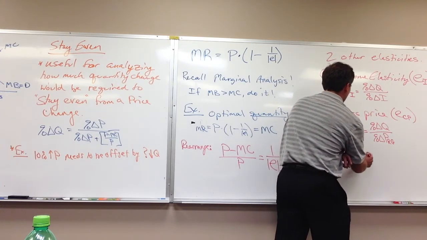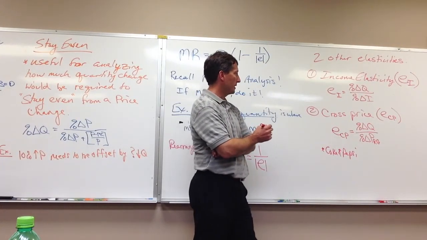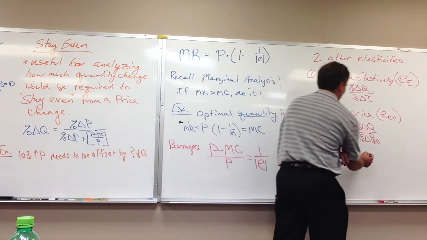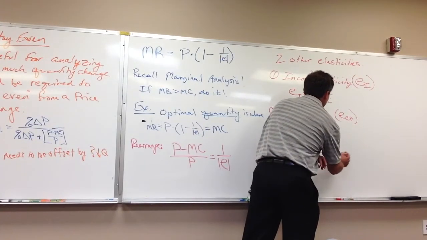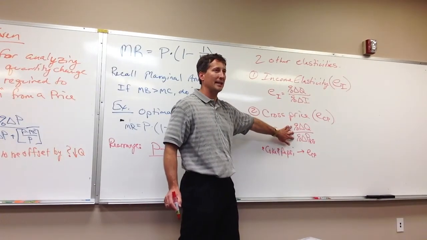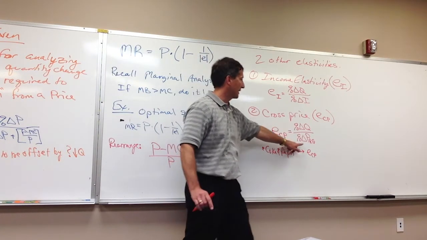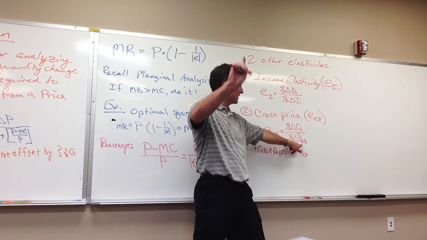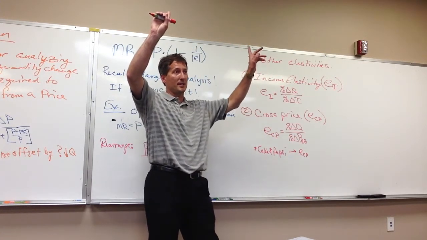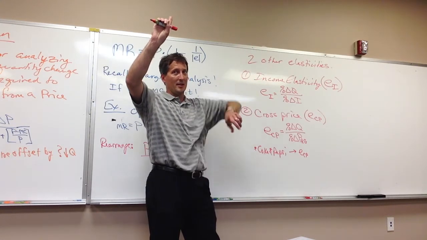So like we saw earlier when we started off tonight, Coke and Pepsi is going to have a cross price elasticity. Is that number going to be positive or negative? So I like to just do it this way. Price of Coke goes up, quantity of Pepsi demanded goes up, right?